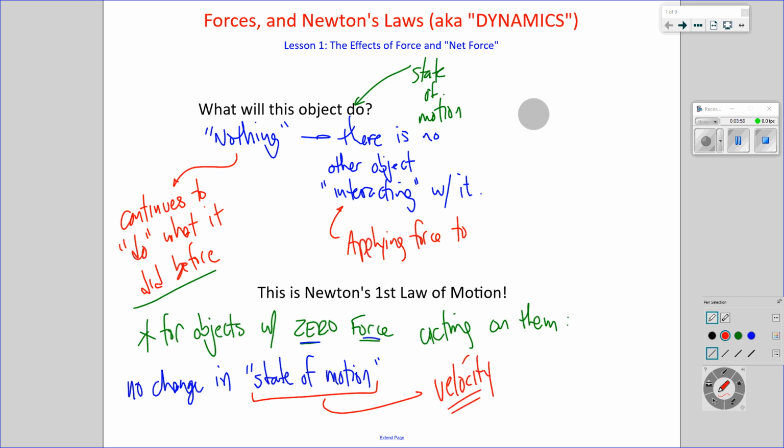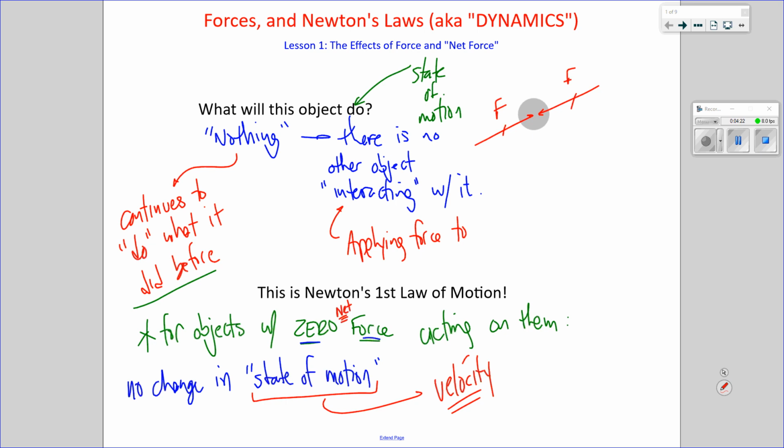So for an object with zero force acting on it, and I should qualify that, zero net force. We'll get to the idea of net force in a minute, but what that could mean is, here's an object quite literally with no forces acting on it, but that's the same as an object with forces acting on it like this, where these two forces are equal and opposite.